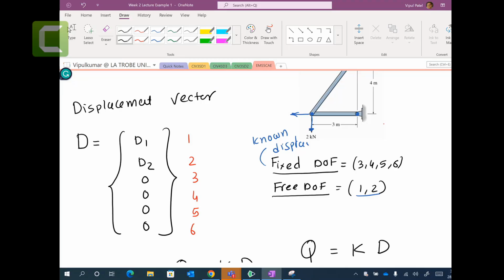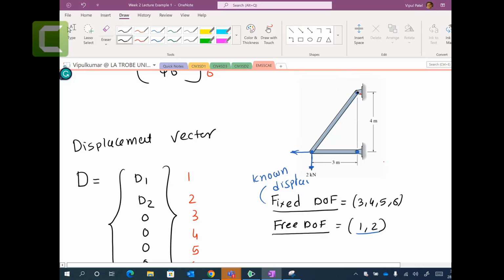At fixed supports, that particular point is not moving. When I'm talking about the support, this part, the truss, can extend. If the material is not strong, it can be extended easily if we apply a force like 10 kilonewton instead of 2 kilonewton. Yeah, that is correct.